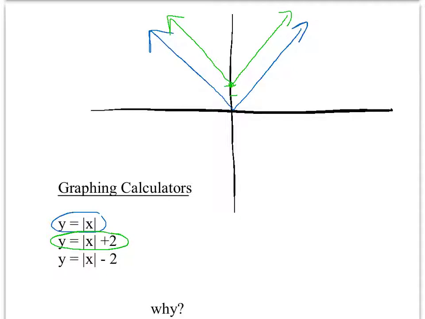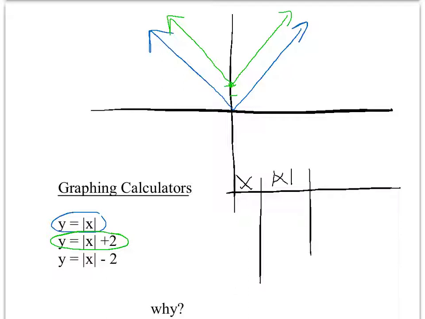So let's think about y. If I made a table here, and let's say I plug in a value of 1, well, the absolute value of 1 is 1, plus 2 gives me 3.